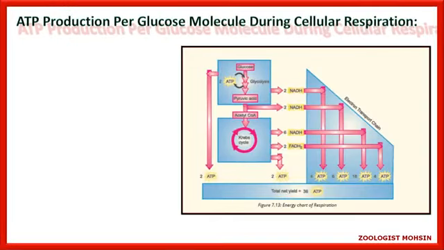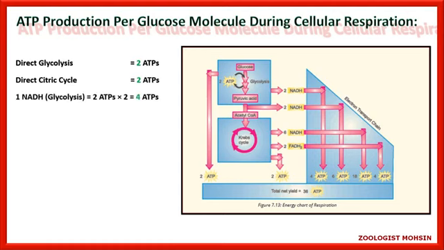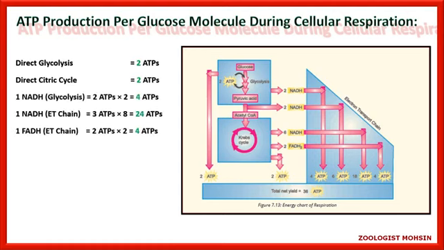The confusion starts actually here. This is a picture from a 9th grade biology book. They suggest that a total of 36 ATPs are produced from cellular respiration, and they have used some old sources and old books in which an NADH molecule produces 2 ATPs, or NADH from the electron transport chain produces 3 ATPs.